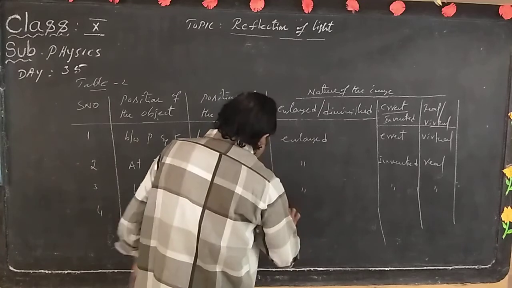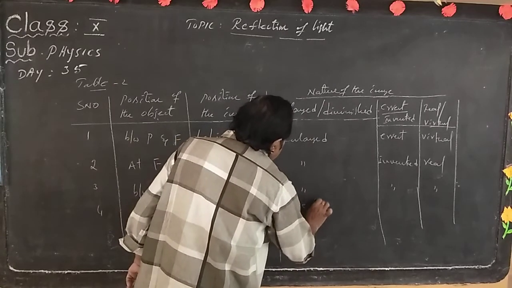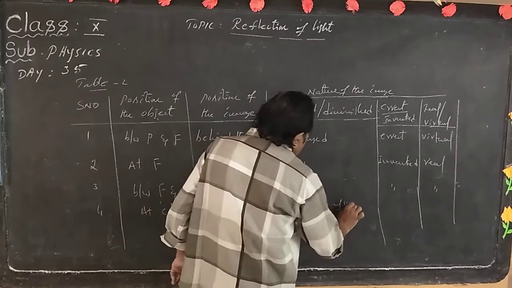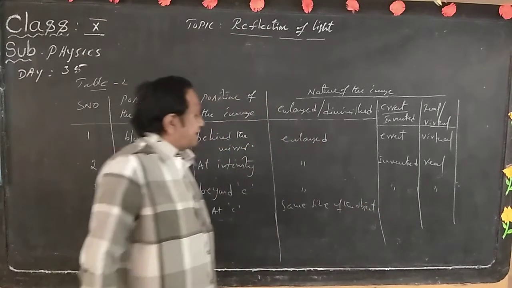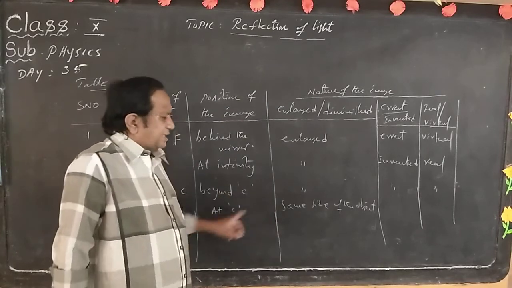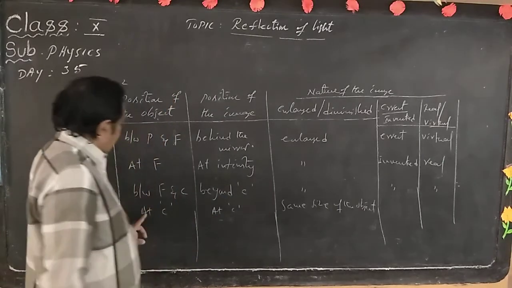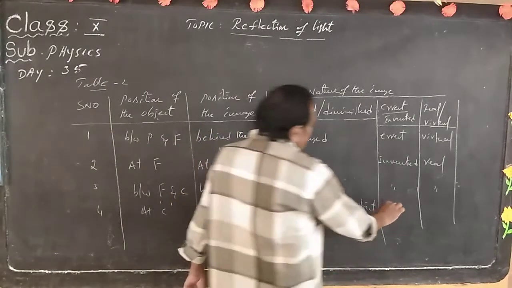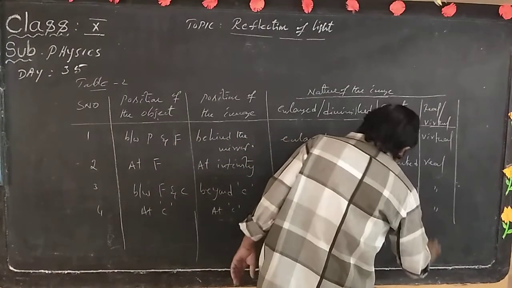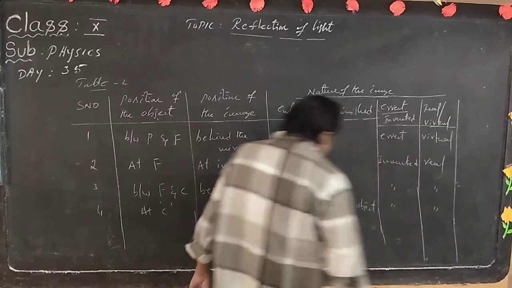It is the same size as the object, so no enlarged or diminished image is formed. Same size at this condition, where C means at the center of curvature. It is also inverted and real. This condition is the same: real and inverted images are formed.